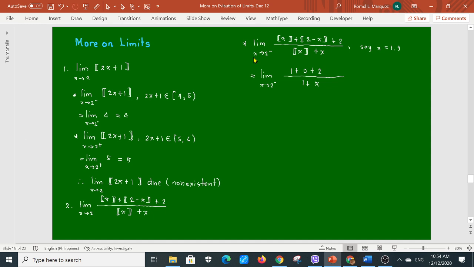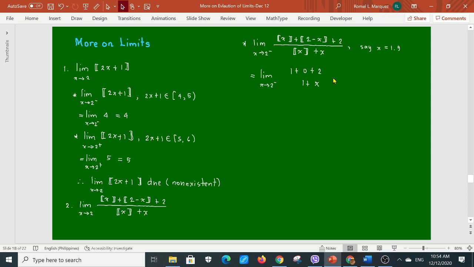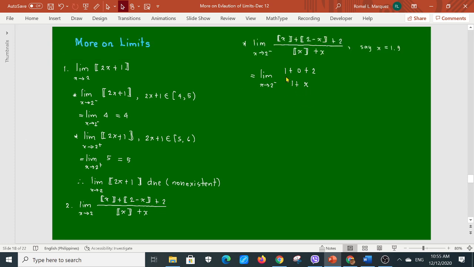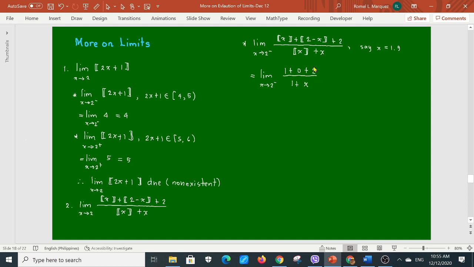Okay, so this is the quotient obtained, equivalent to the original expression, but not actually equal, just equivalent if your x is close to 2 from the left.